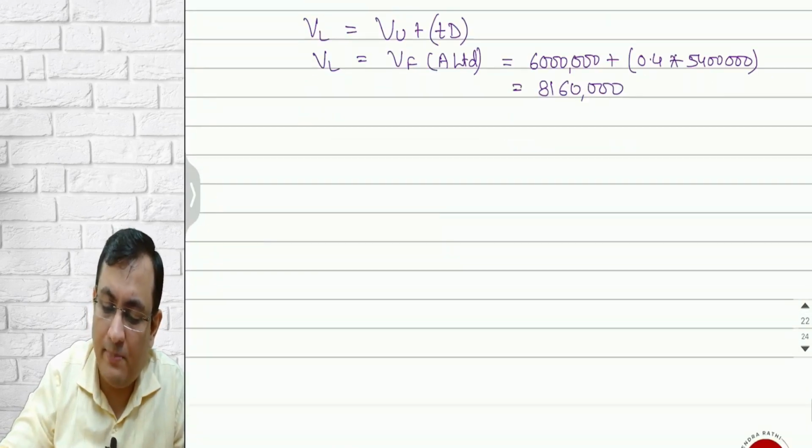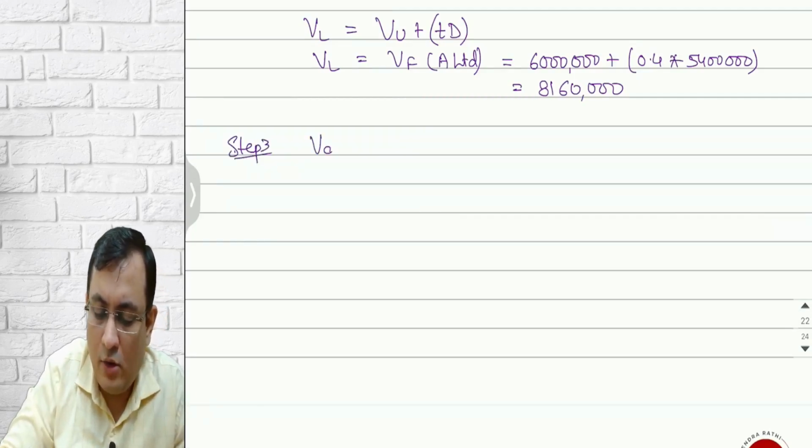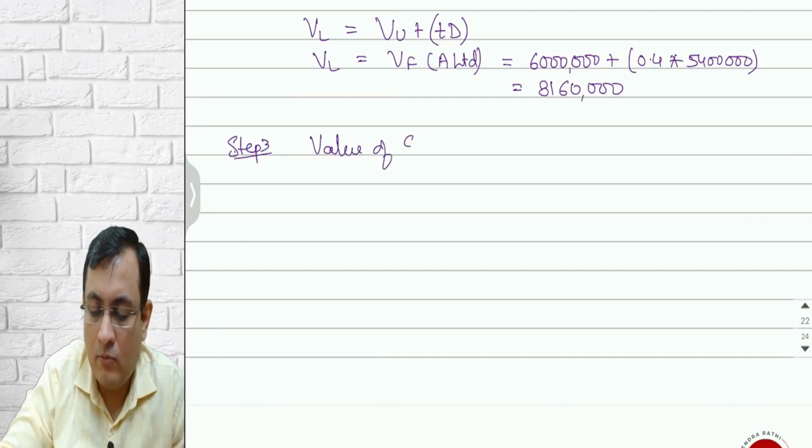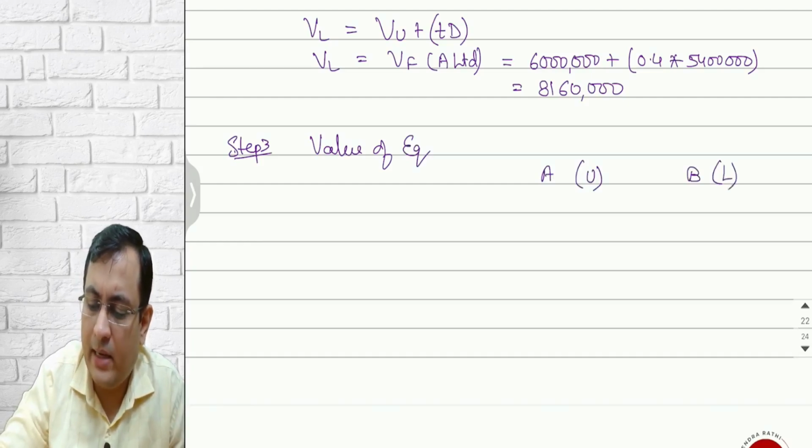Now calculate step number 3. Value of equity in both the firms. A Limited, that is U company, and B Limited, that is L company. Your value of firm, here it is 81 lakh 60,000 and here it is 60 lakhs.